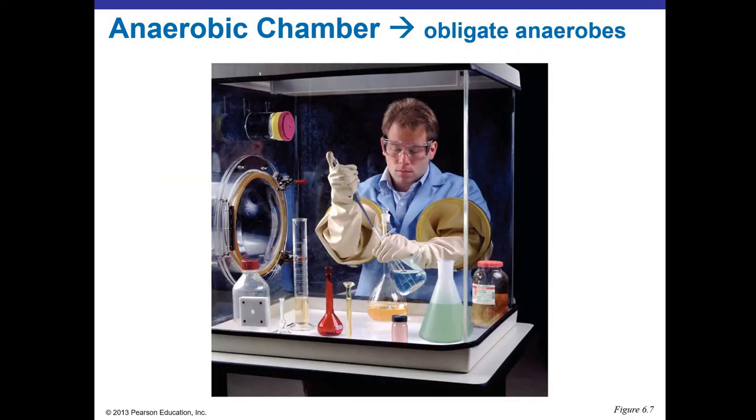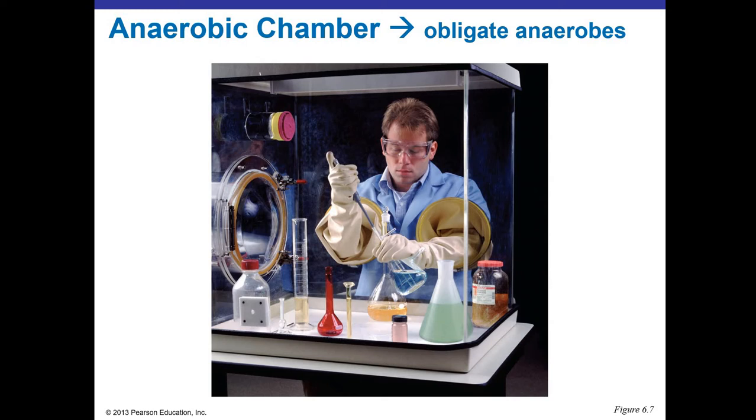If you truly want to work with obligate anaerobes, though, that are actually killed by atmospheric oxygen, you have to work in a specialized anaerobic chamber, what's often referred to as a glove box. So it's this chamber where you need to put all your materials in there, and then you remove all the oxygen.